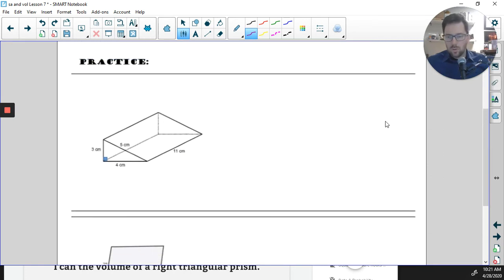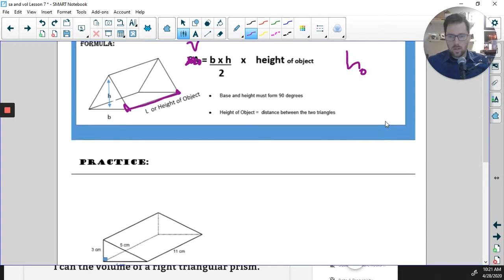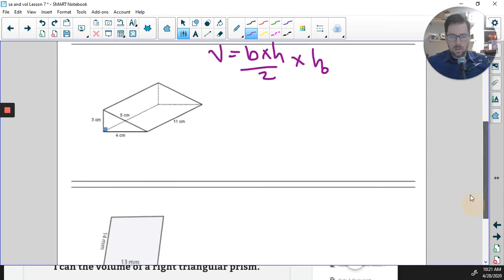So, numero uno, just in case we forget, let's write down our equation here. We've got volume equals base times height divided by 2 times the height of the object. So, what do we know? We've got our base and our height of this triangle.